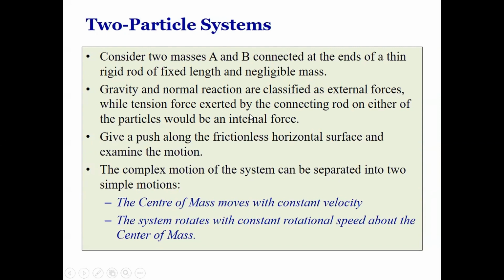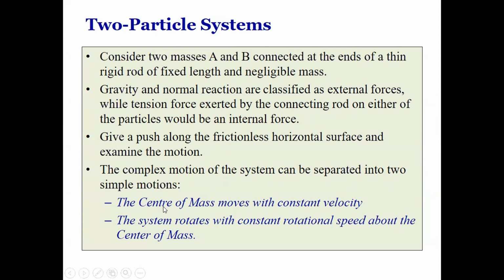However, the tension force exerted by the connecting rod on either particle will be treated as an internal force. So we give a push along a frictionless horizontal surface and then examine the motion of the two bodies in such a system. Then the complex motion of the system can be separated into two simple motions.